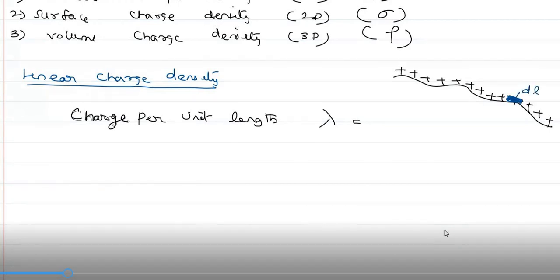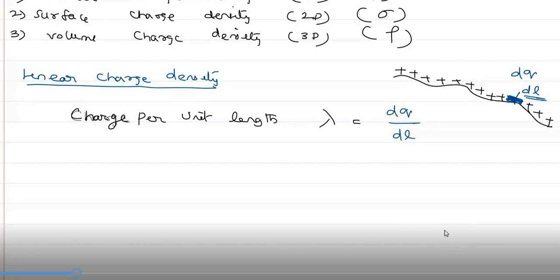Say the amount of charge in it is dq. Then linear charge density is dq by dl. Since the charge is uniformly distributed, we consider a small element dl and find how much charge is present in it.